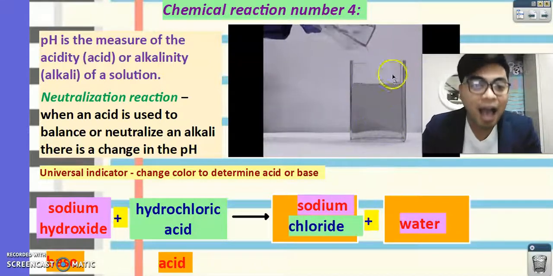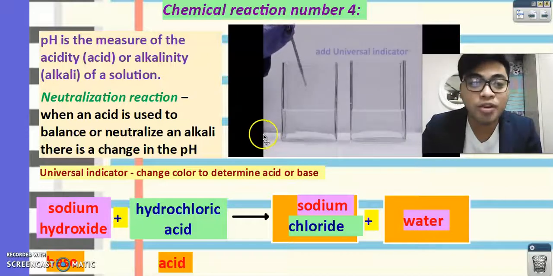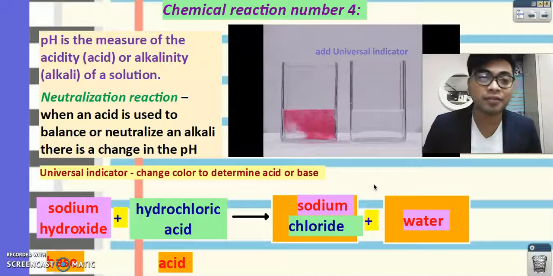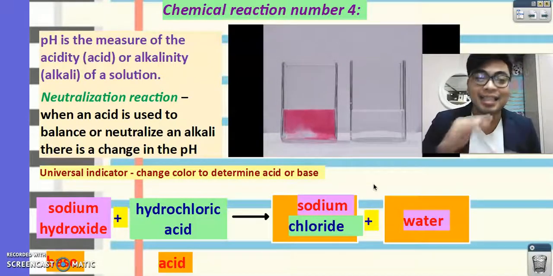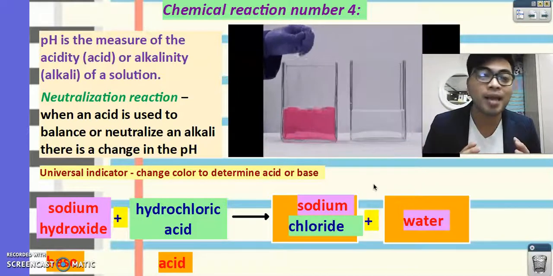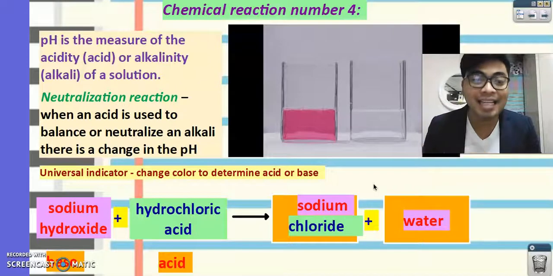So our product here contains water, and this water is said to be neutral because the pH is 7. I want you to take note of this. If the pH is 7, it's neutral. It's neither acid nor base. But if the number is less than 7, it is an acid.